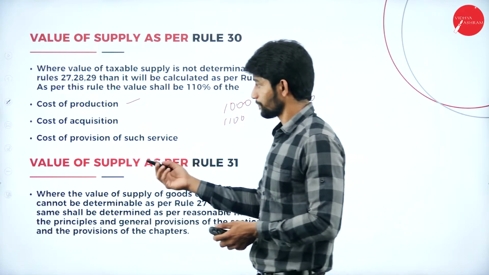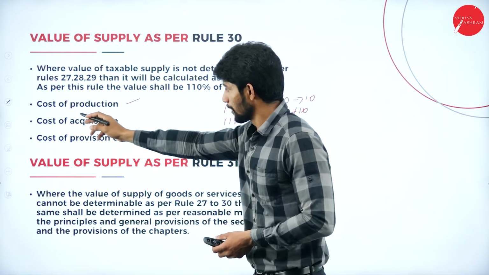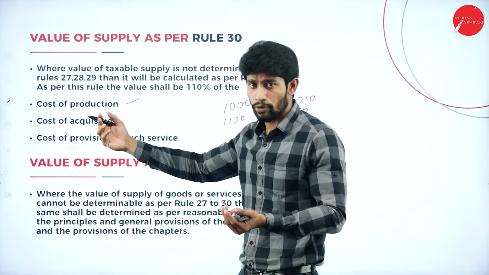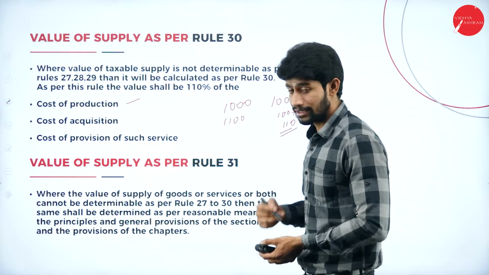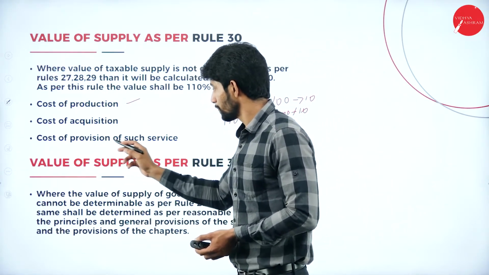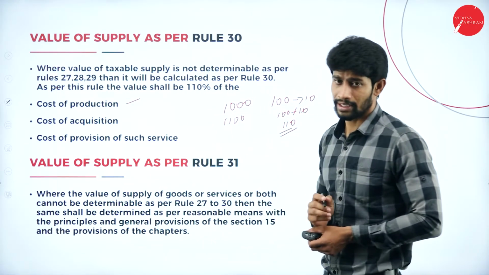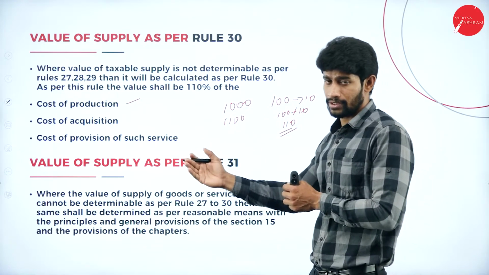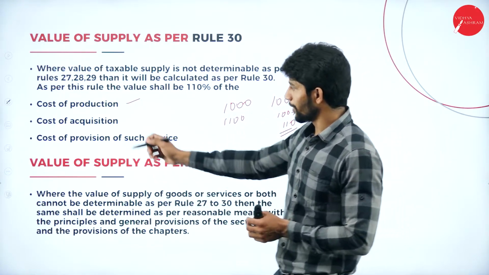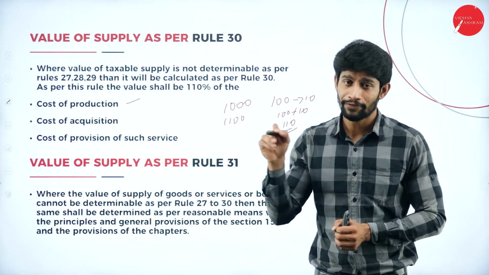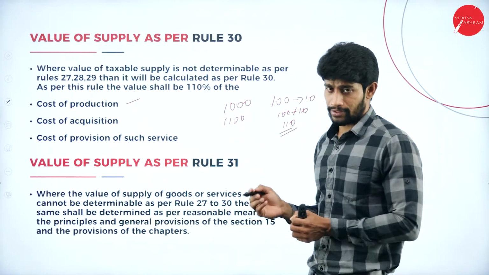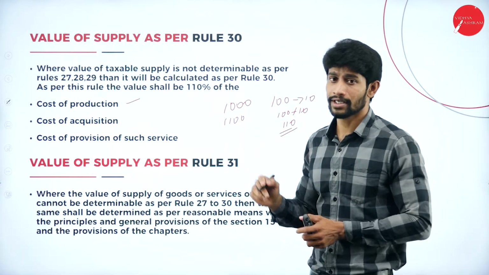Next, if it is not possible to know the cost of production, or the cost of acquisition, then the third thing is the cost of provision of such services. If it comes to goods, we will be considering the cost of production or the cost of acquisition. If it comes to services, the cost of provision of such services.